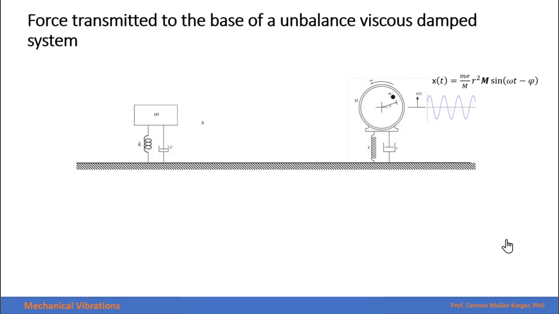Now let's study the force transmitted to the base by an unbalanced viscous damped system. If we have this rotating machine that has an unbalance, we already found that the response of the system is this one right here. If we do the free body diagram of the system, we have the force of the spring and the force of the damper, and that is the total force received by the foundation or base.